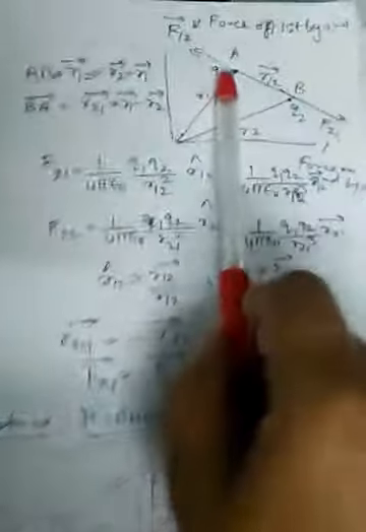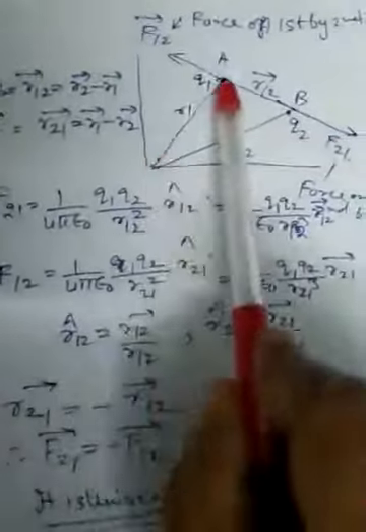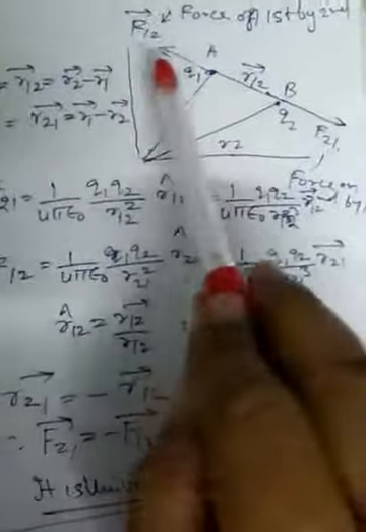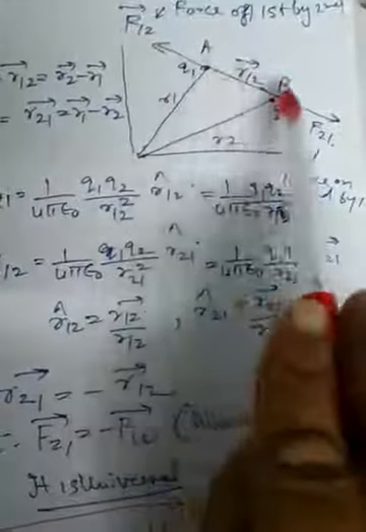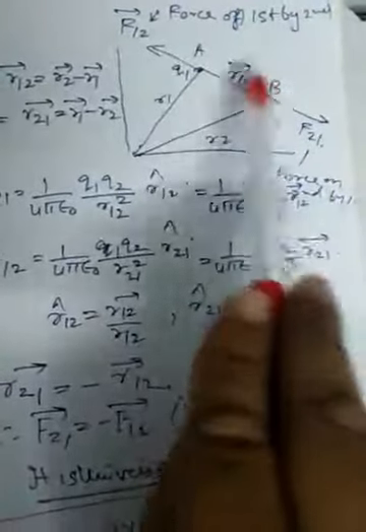So consider two charges Q1 and Q2 at points A and B, which are at position vectors R1 and R2. So these are the two different charges being taken. Now let F12 be the force on 1 due to 2, and F21 the force on 2 due to 1.